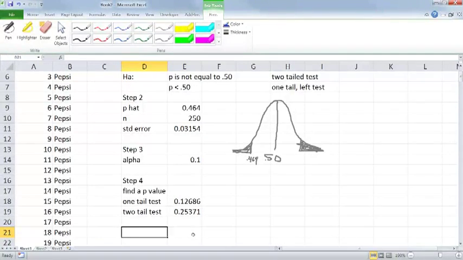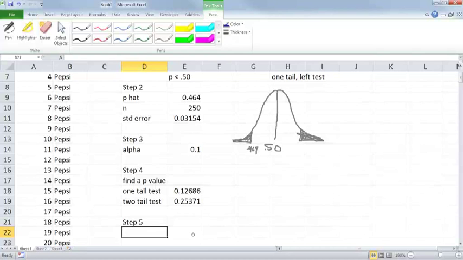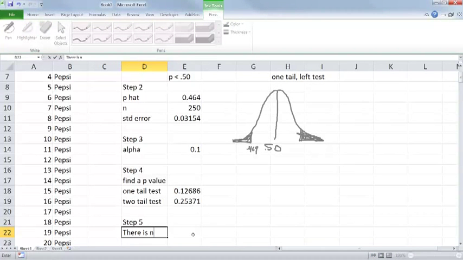So step 5, we say there is not enough evidence to conclude that the null is wrong.